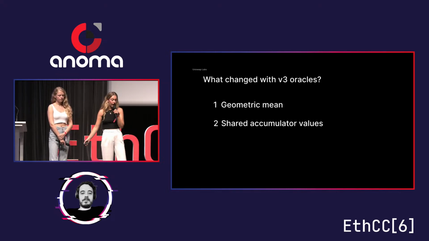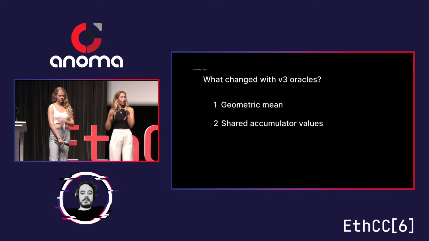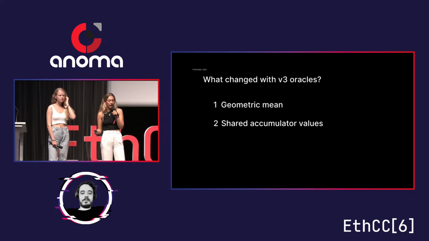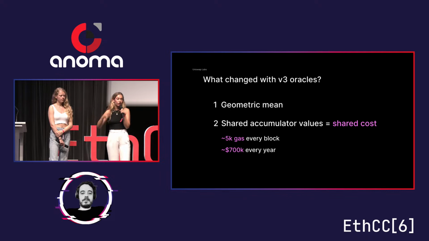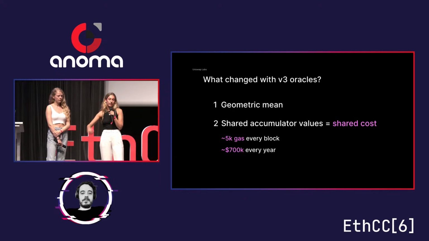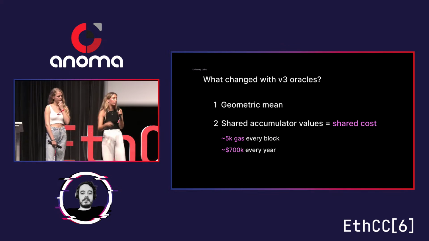What else changed? In the Uniswap v3 code, there are saved and shared accumulator values that are used by integrators that want to build an oracle. When I say shared accumulator values, that also means there is some shared cost put onto swappers of actually updating these values every time a pool is touched.